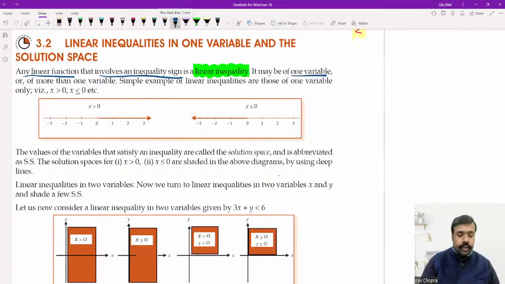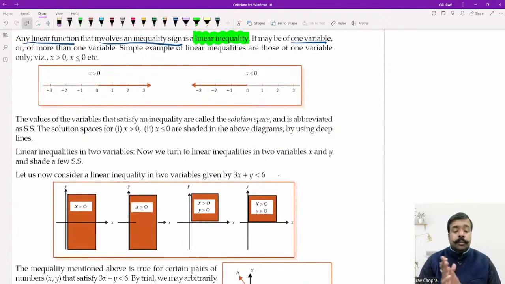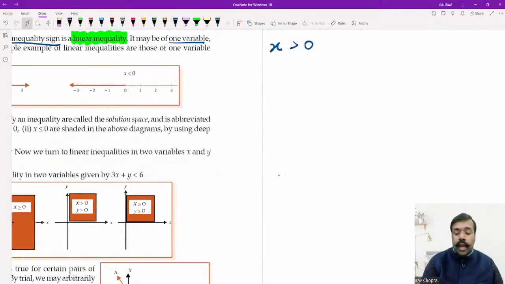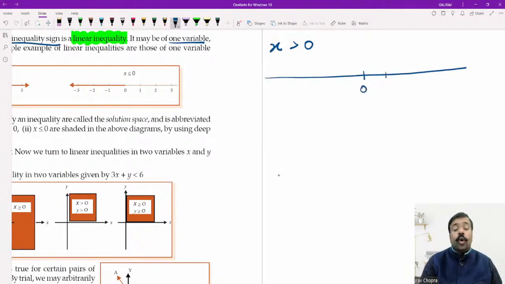Okay. So now let us mark if we are having x greater than 0. There is a number line, and in between it is 0. On the right hand side, 1, 2, 3, 4.